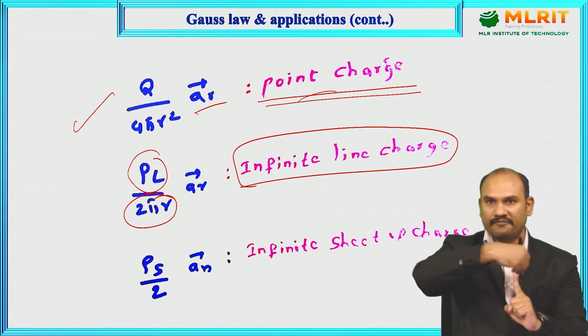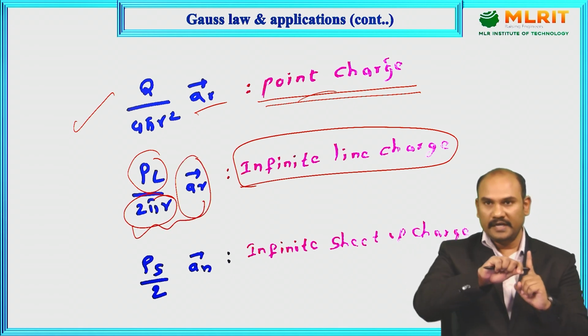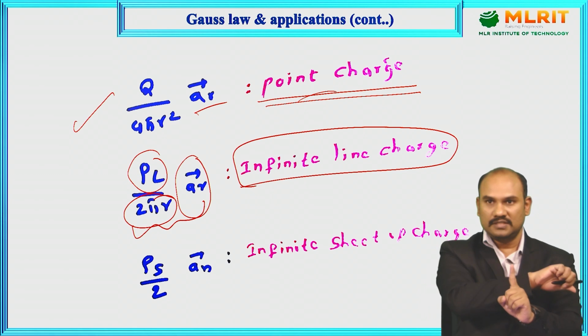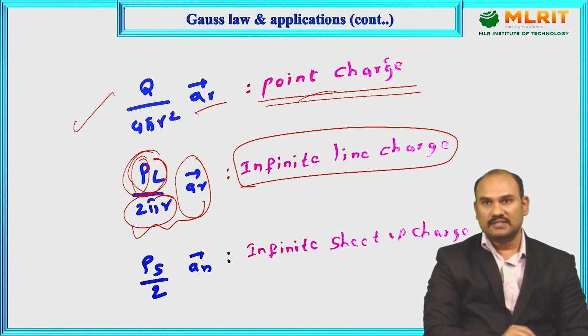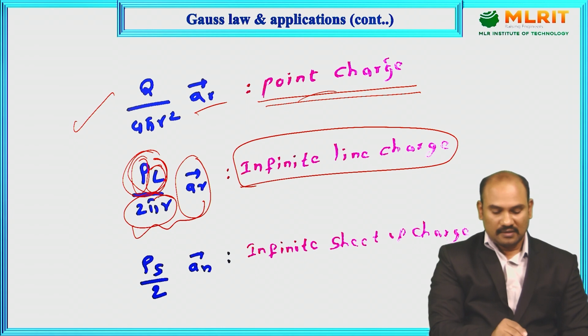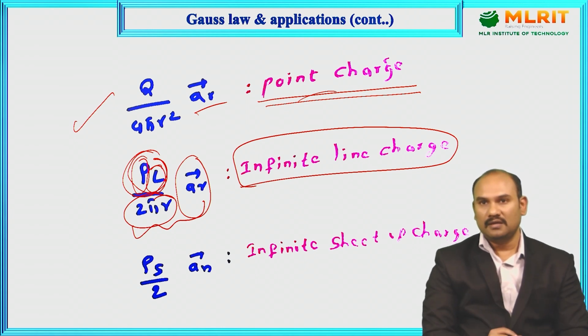This is the circumference, 2 pi r. Direction is the same, radial direction. And rho means electric charge density, L means line charge density, so we have taken here rho L.